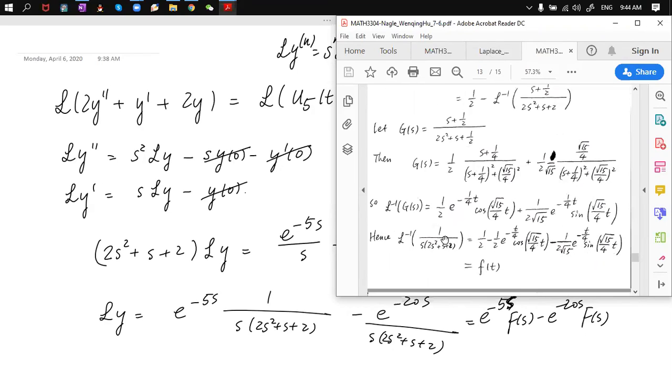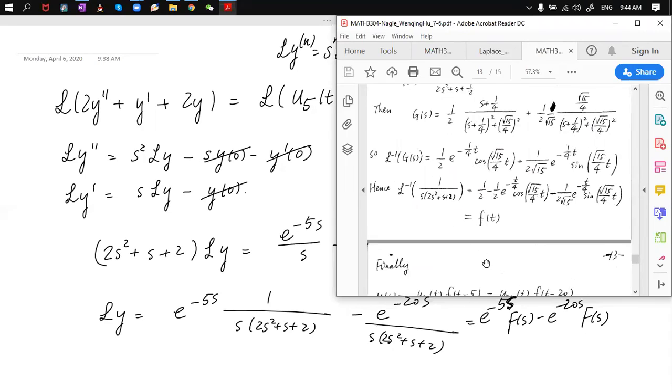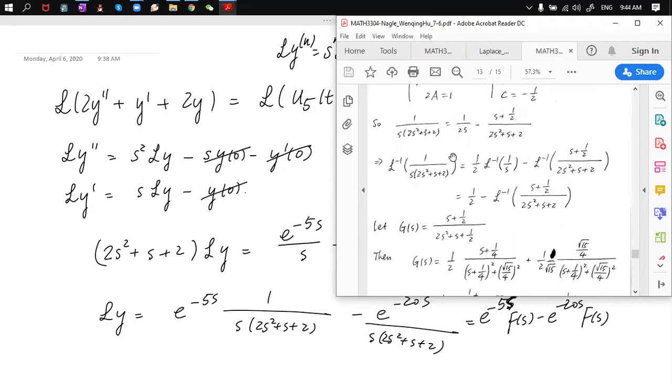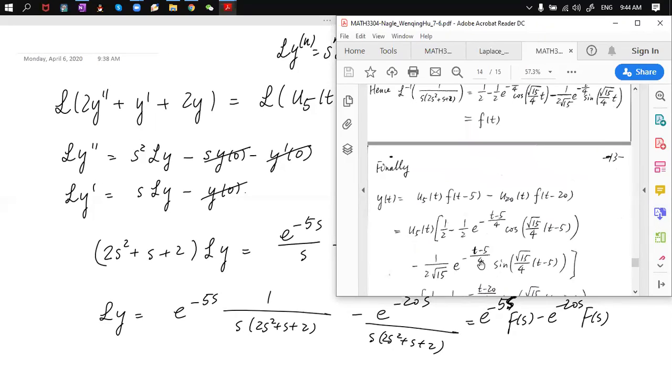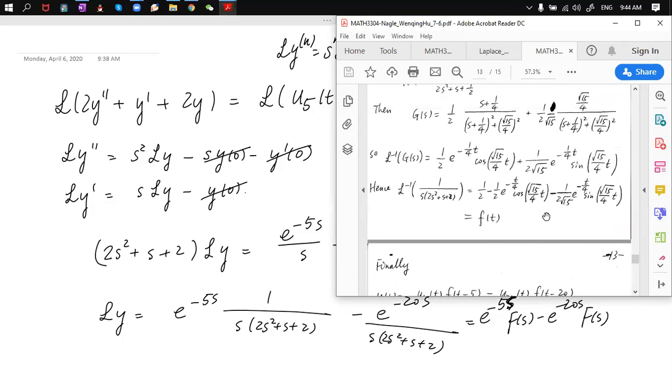Once you do that, you can inverse Laplace transform and find your f of t. For this part, I suggest everybody do careful research. In the end, once you do this transformation, you always have to shift: multiply by u5 and u20 for the corresponding functions in order to find the solution. Okay, so that's all.